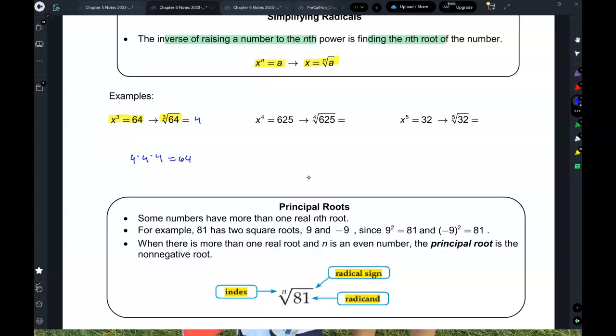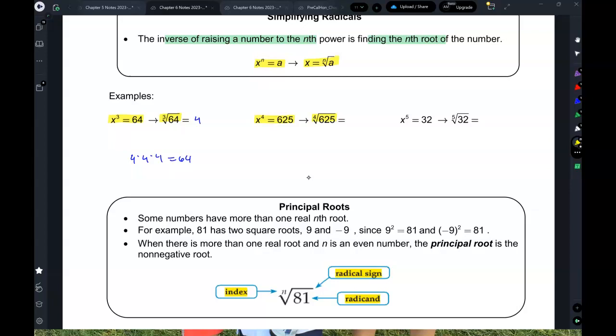Same thing here. If I was walking down the street and I saw a billboard, and all it said was this: x to the power of 4 equals 625, I would say to myself, somebody's looking for a number that when you multiply it by itself 4 times, you get 625. And then on another street, if I saw this on a billboard, I would say the same thing, right?